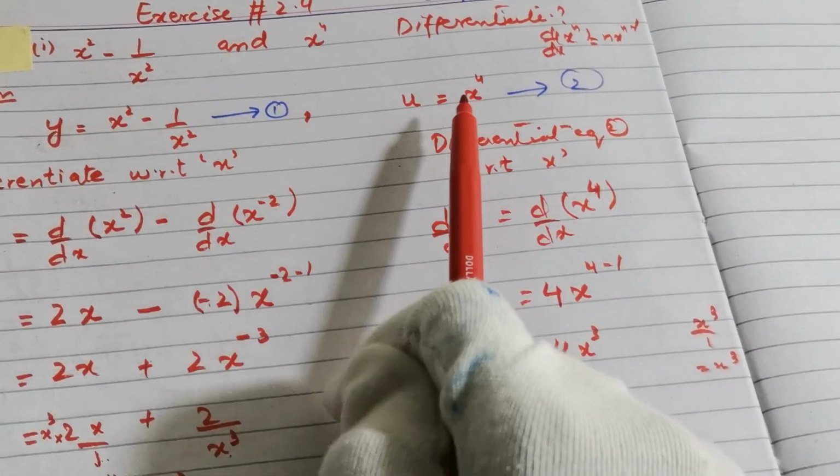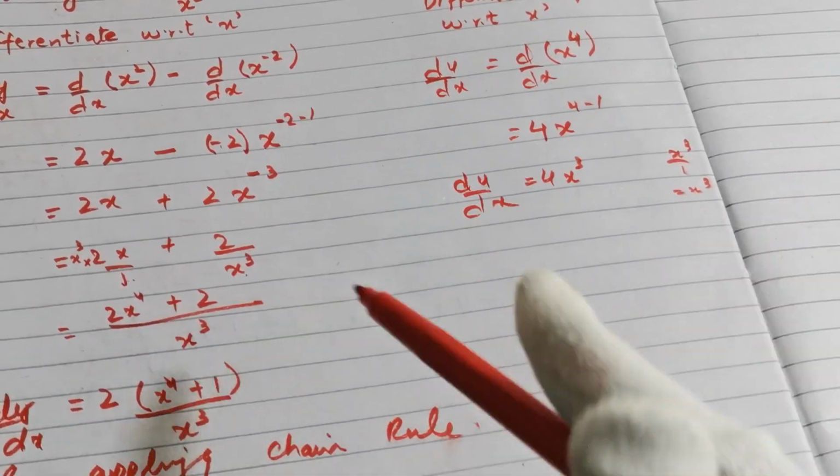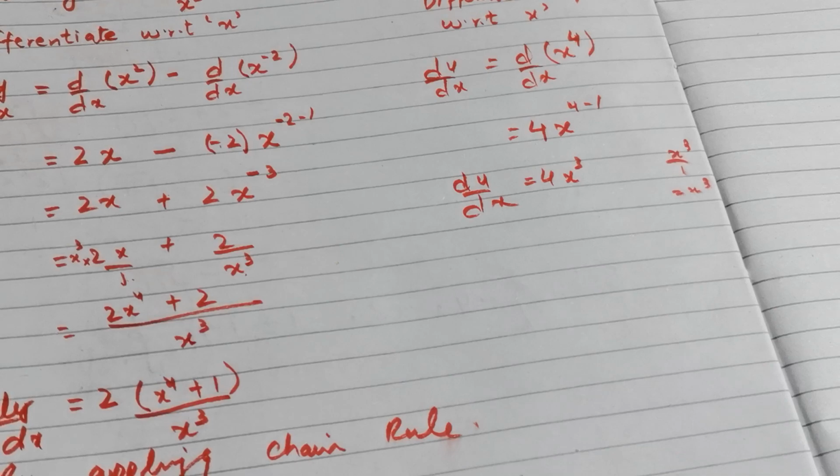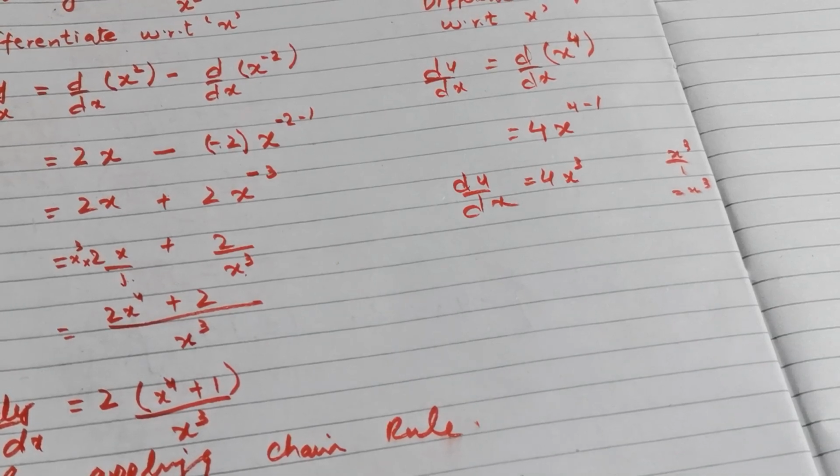We consider this term and this term, so we will apply chain rule by using these two considered terms. dy by du is equal to dy by dx dot dx by du.